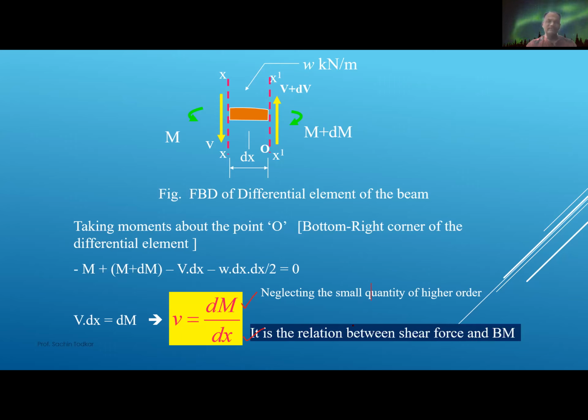Similarly, if I take the derivative of shear force, I'll get loading. So the derivative of shear force with respect to distance, we'll get the loading of that particular diagram.